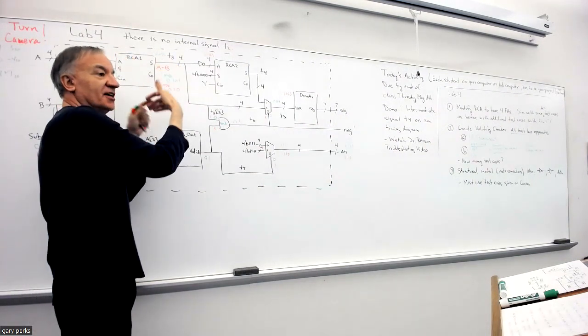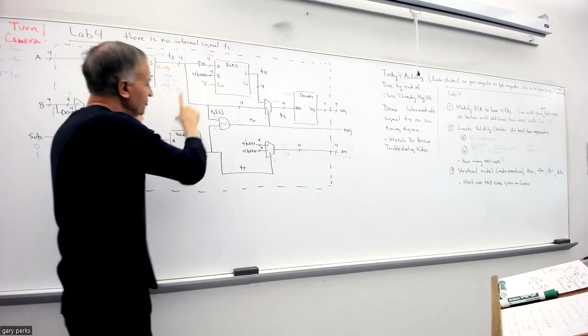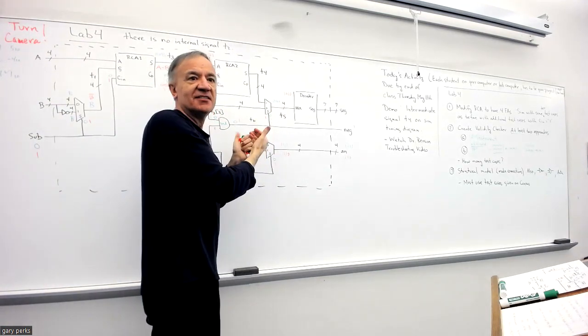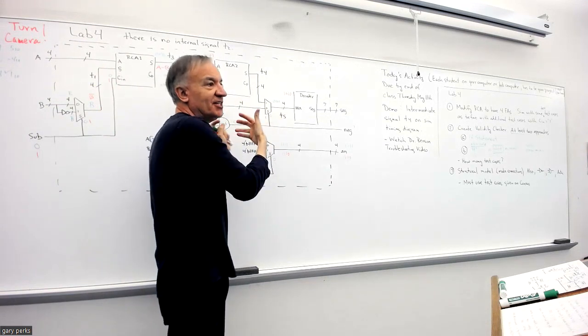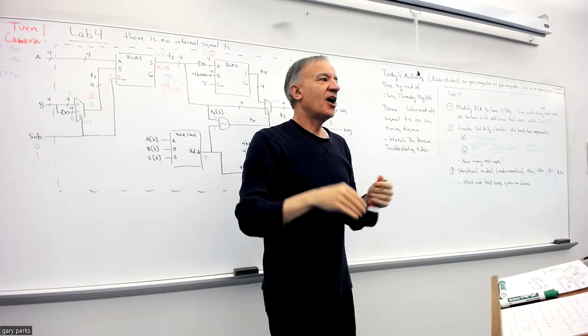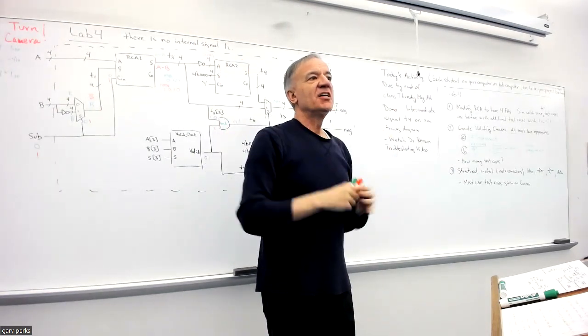Look at this output. Am I getting the right output based on those inputs? Oh, okay, I am. That's good. And you just keep going until you find a place where, hey, that's not what I expect. And then hey, well, this part of the circuit's fine, but the problem's somewhere around here. So this technique is how you isolate where a problem is when you start to get complex circuits like this.